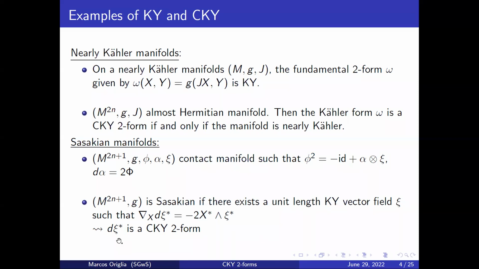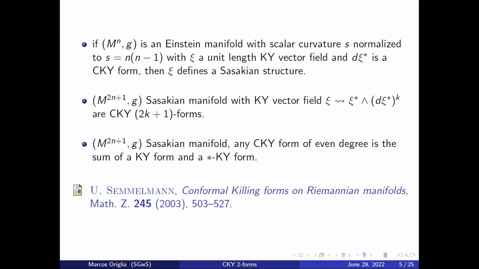So if we add the condition to be Einstein, this only happens when the structure is Sasakian. So this is the result. All of these three results are in this work of Uwe Semmelmann, which is a nice work about conformal Killing forms.